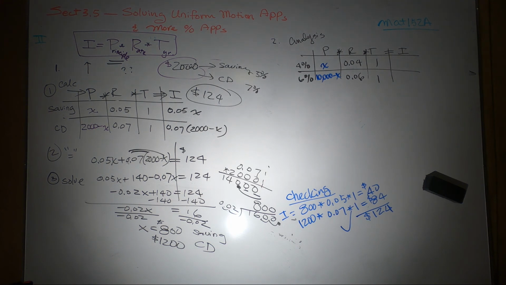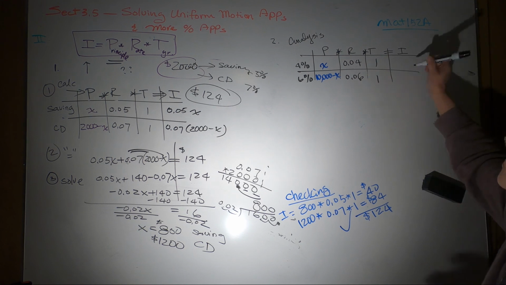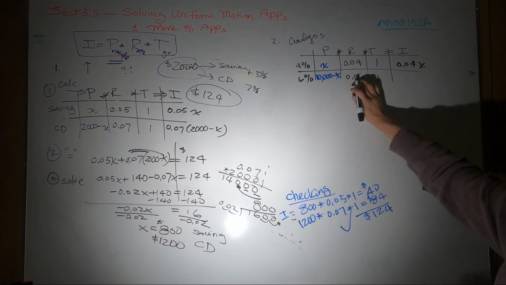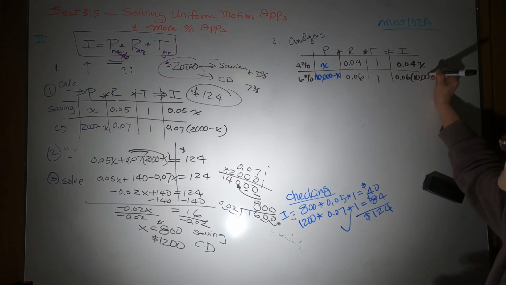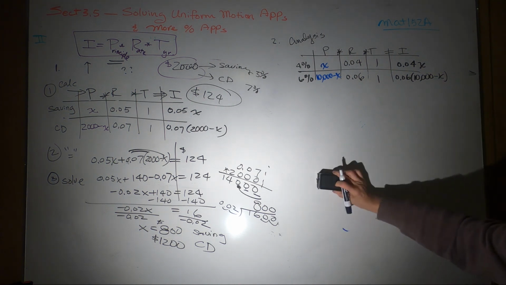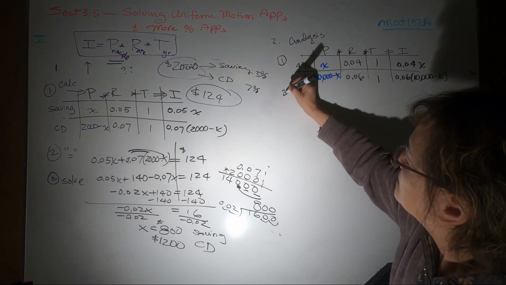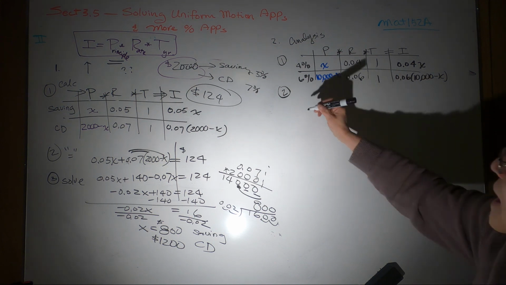Then what's the interest earned? I equals what? PRT. So we multiply them, 0.04x, right? Then this one we multiply them will be what? 0.06 times 10,000 minus x, right? Then that's our analysis table. Put all the situation there. Then we write the equation.